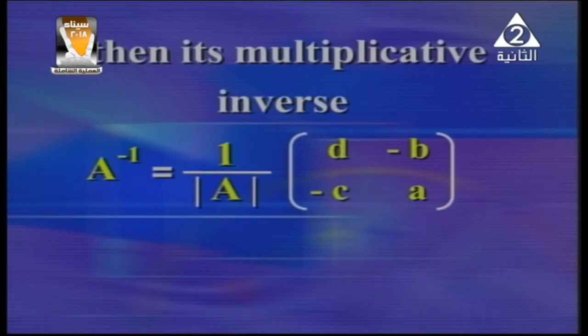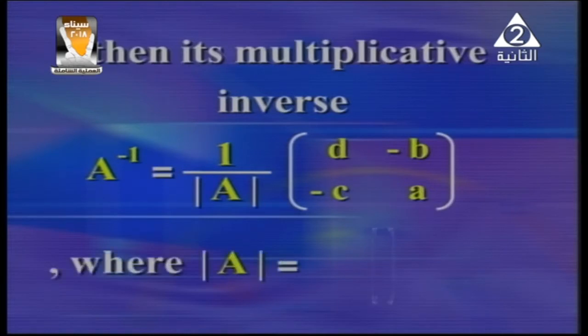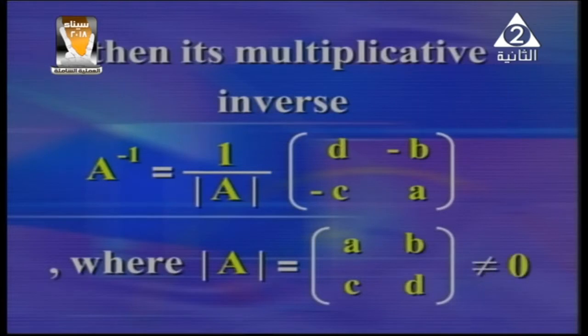This is the formula of the inverse of a matrix with 2 rows and 2 columns, where the determinant of A, ad minus bc, is not equal to 0. Why? Because if the determinant of a matrix equals 0, then it has no multiplicative inverse.